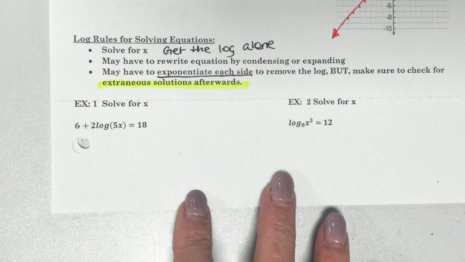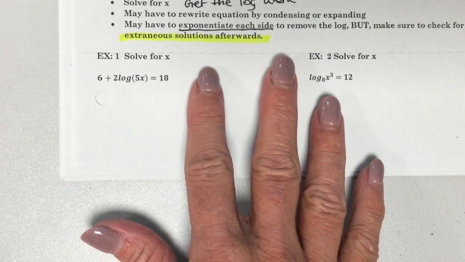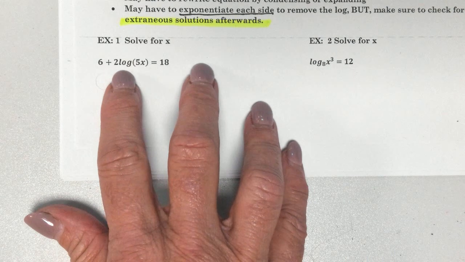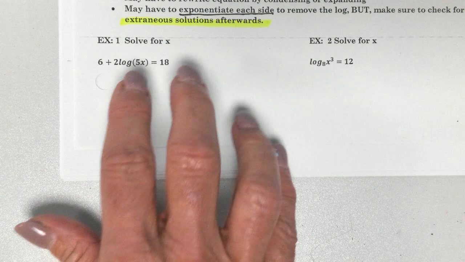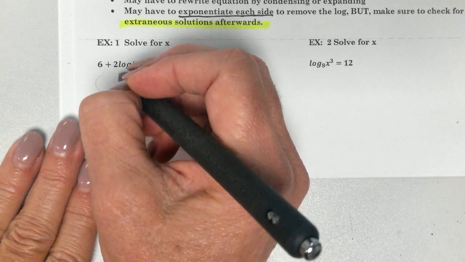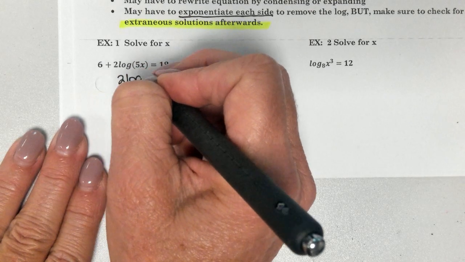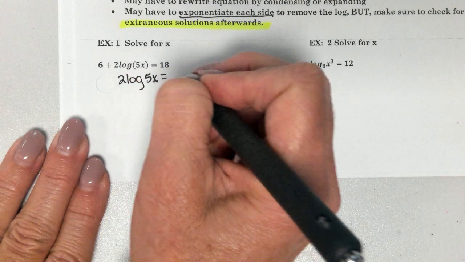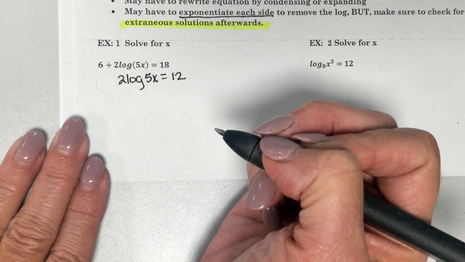Okay, so the first problem, we've got 6 plus 2 log of 5x equals 18. Now, if I was going to solve this, the first thing I would do is try to get that log by itself. So what would be your first step to get that log by itself? We subtract 6 from both sides, so we've got 2 times the log of 5x is equal to 12.